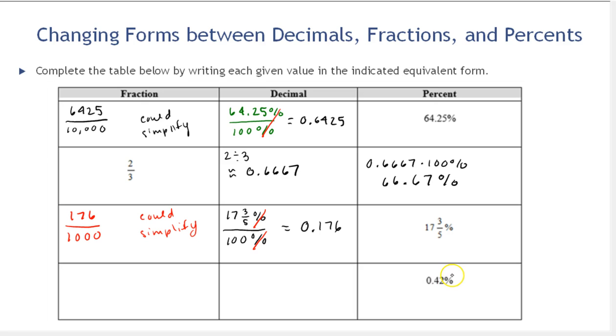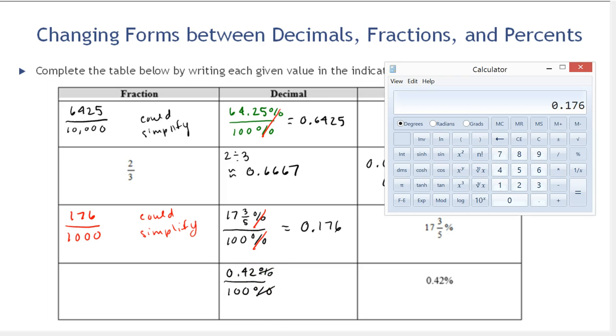So make sure to follow the process and write 0.42% divided by 100%. The percents cancel. And now 0.42 divided by 100 is 0.0042.